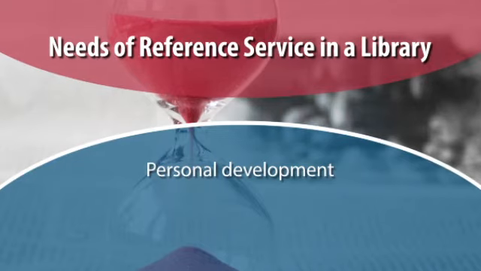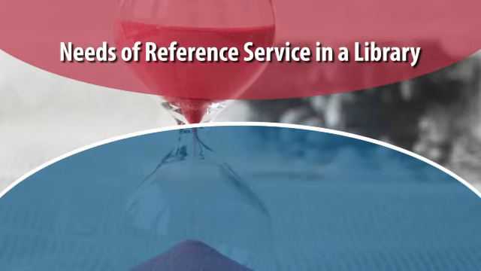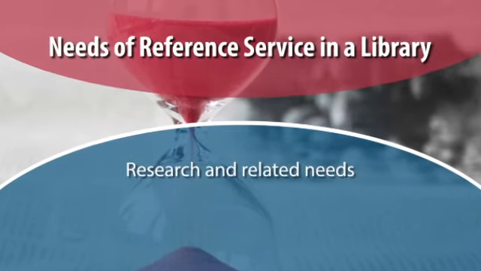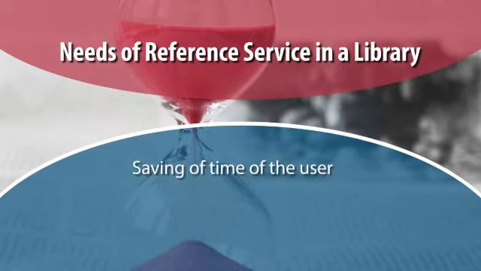In addition to that, we also help them with research and related needs, which also come under the reference service. So the basic idea is to save the time of the user by providing the reference service at the reader's desk in the reader service section. There is a reference desk where the reference librarian is present, who immediately helps whoever comes to the library.